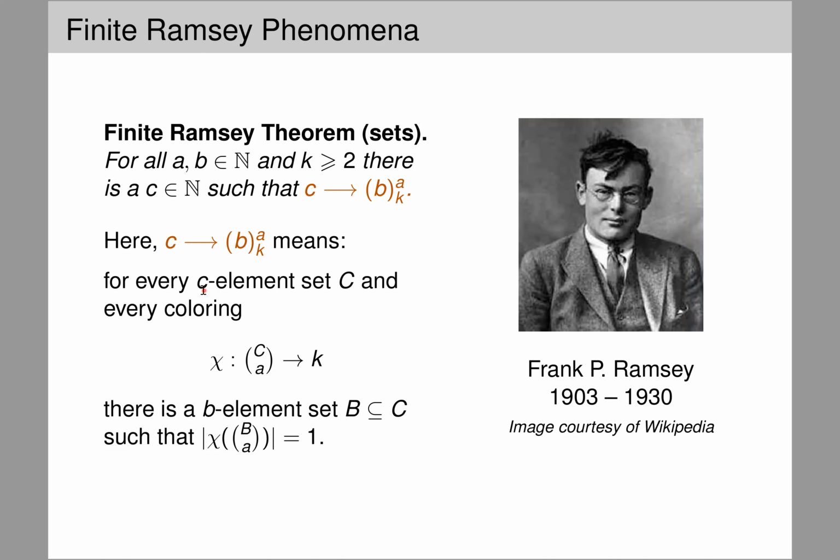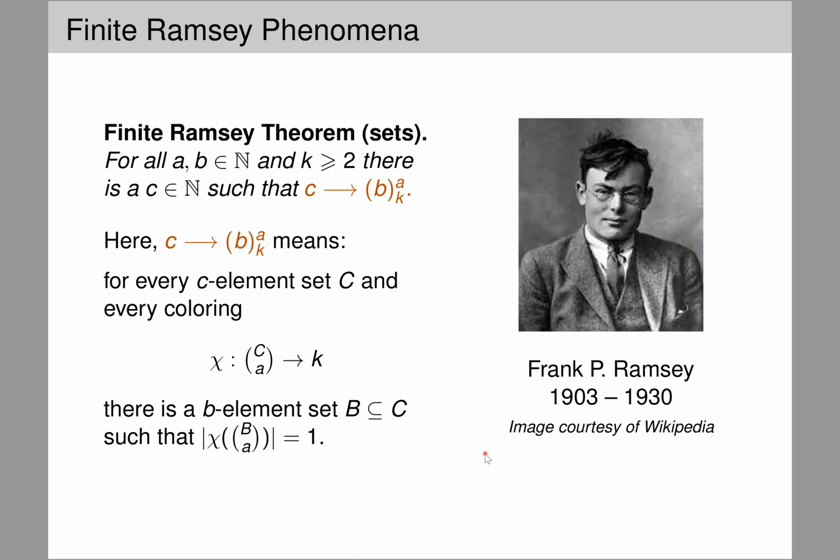For every c element set, so we take a finite set capital C with lowercase c elements, and for every coloring chi of a element subsets of C with k colors, there is a b element subset B of C such that all a element subsets of B are colored by the same color.